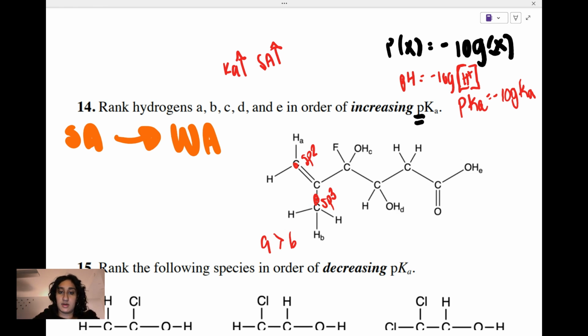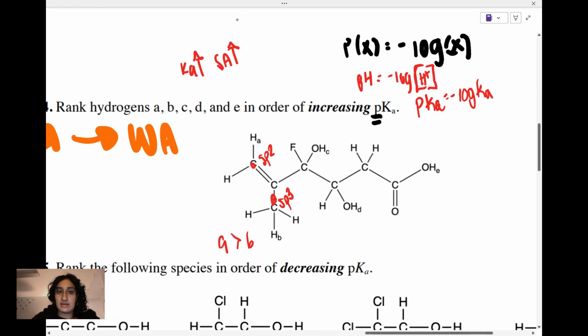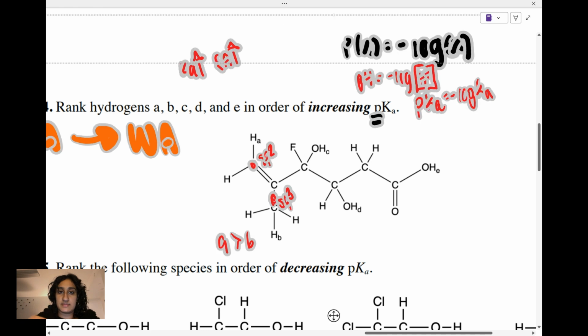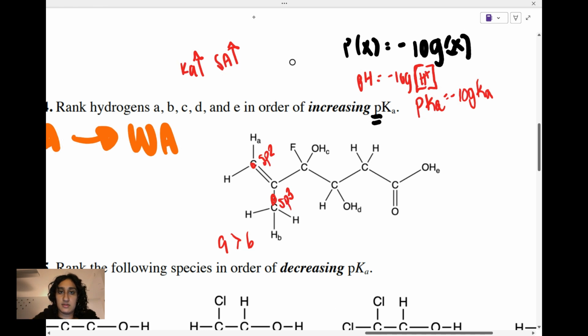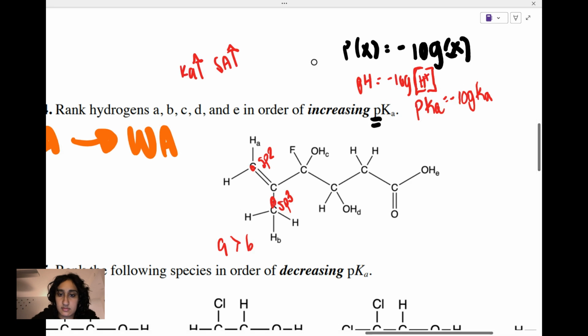Okay. So then let's look at C, D, and E. Let's deprotonate all of these. Deprotonate, deprotonate, deprotonate. Now we have negative charges sitting on all of them. So we want to try and see which one is the stablest.